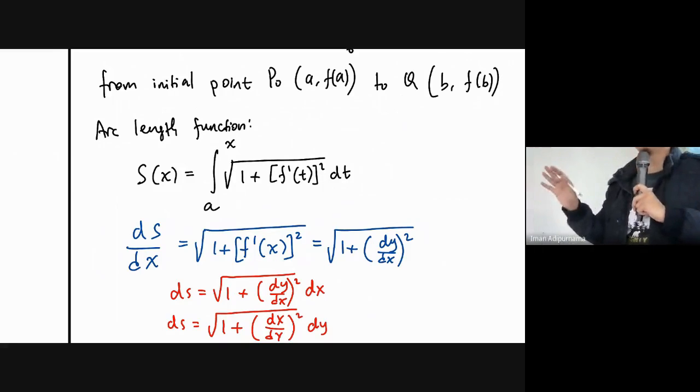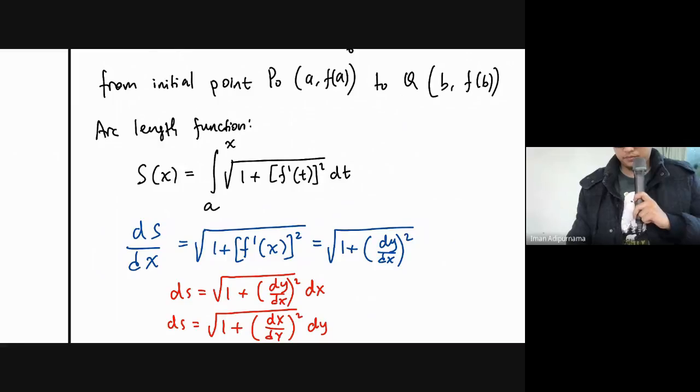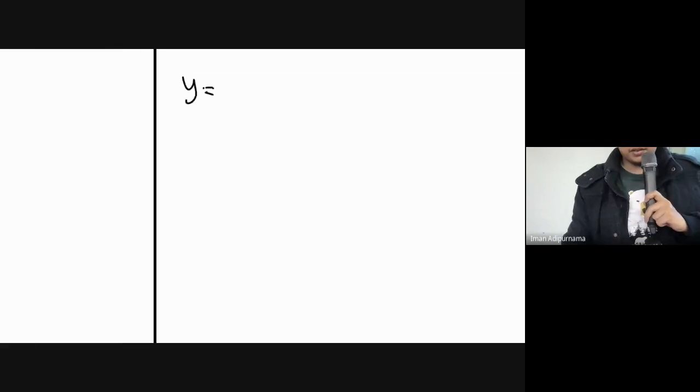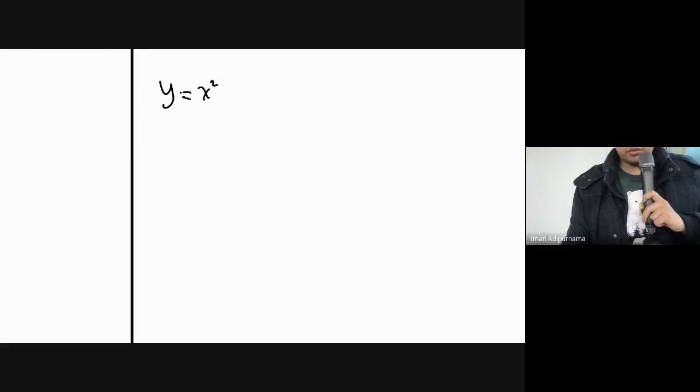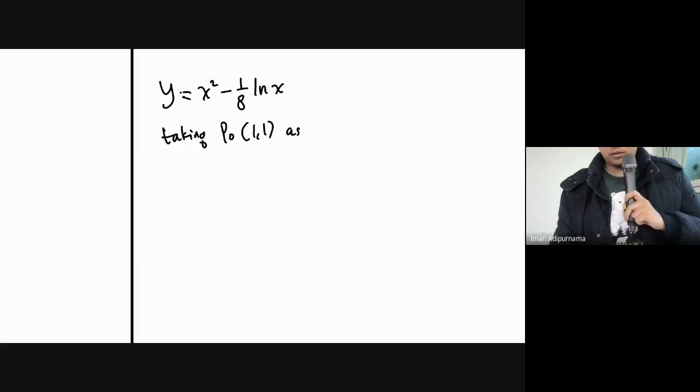Let me give you a simple practice question on how to use the arc length function. If you have the function y equals x squared minus 1 over 8 ln x, taking a starting point.